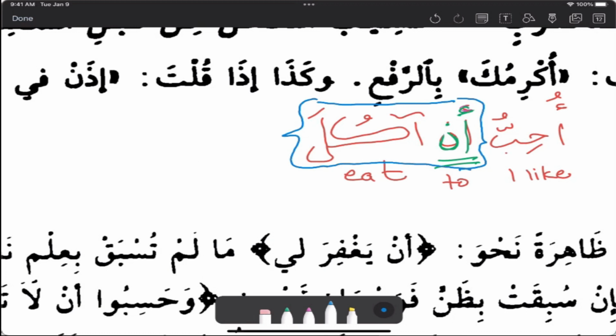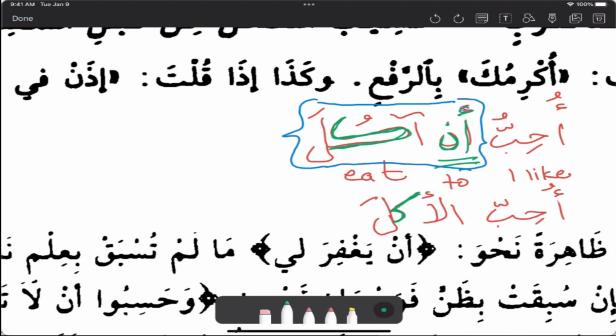So uhibbu an akula is equal to saying uhibbu al-akl, I like eating. That's the shorter kaf; here is another shape for kaf, just to remind you.